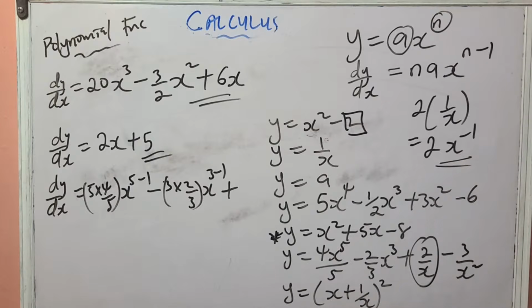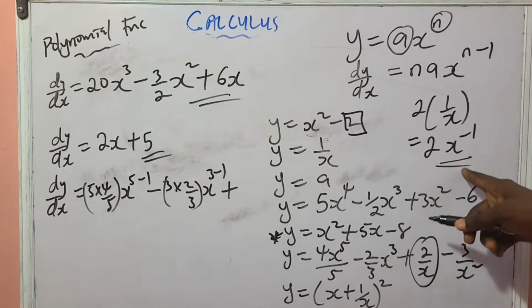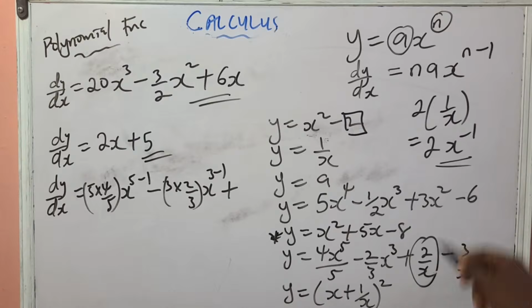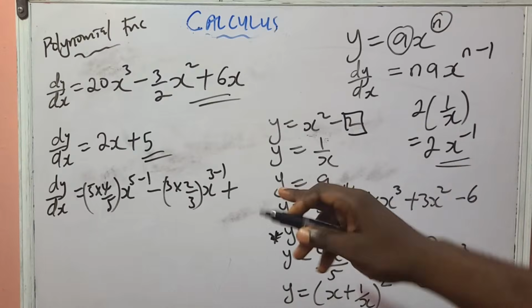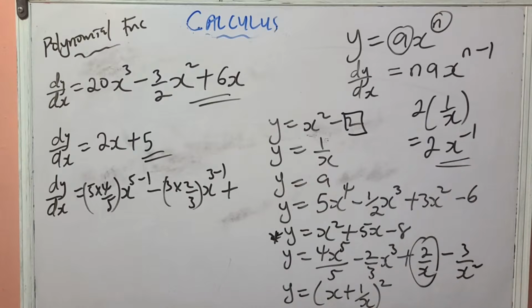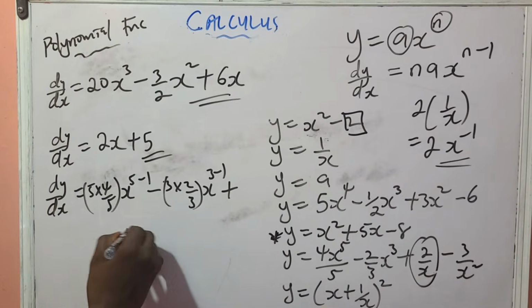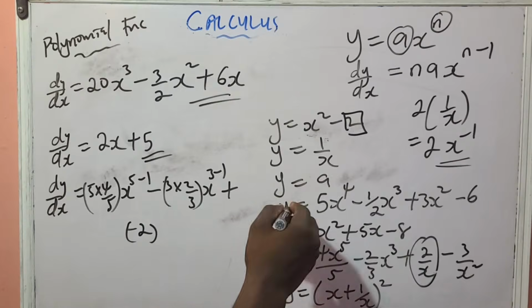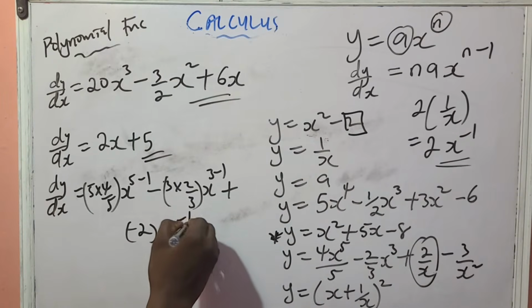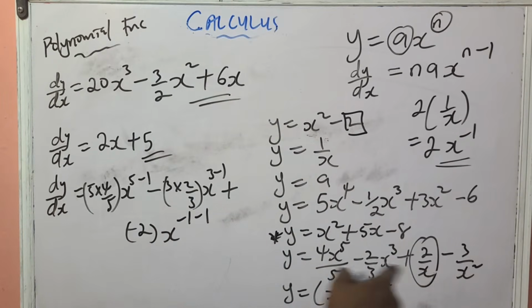So this is what we're going to use to now solve what we have here instead of this. So you adjust this form to look like this so that you'll be able to solve it properly. After doing it like that, you can go on to do minus 1 times 2. That'll be minus 2. Then x raised to the power minus 1 minus 1. And the last one there, of course, we have 3 over x squared.